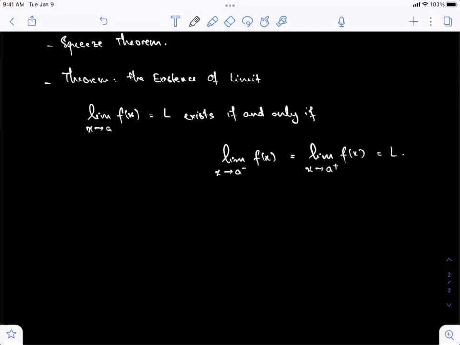So that is the existence of limits. You have to be very careful when you find the limit of a function, especially for piecewise defined functions. We're going to go over a couple of problems in the practice exam related to the existence of limits.